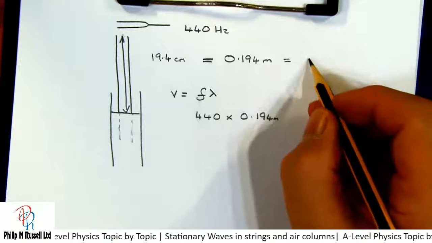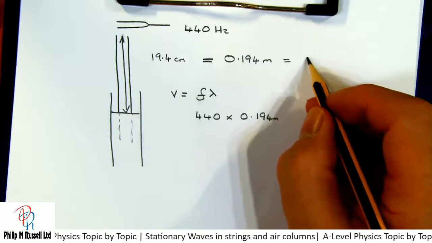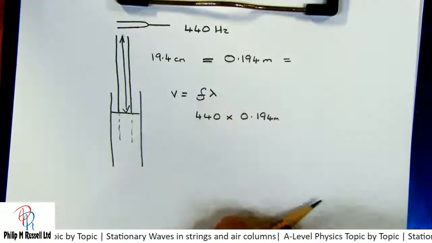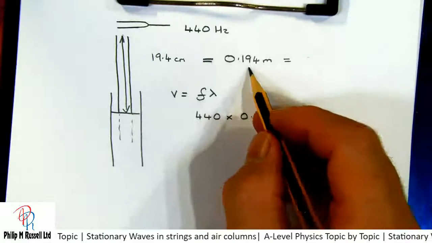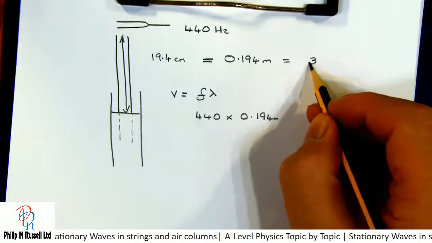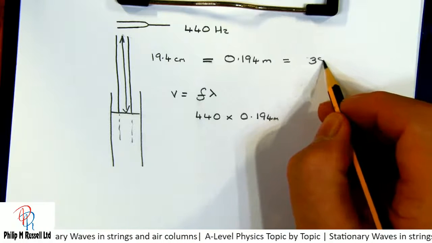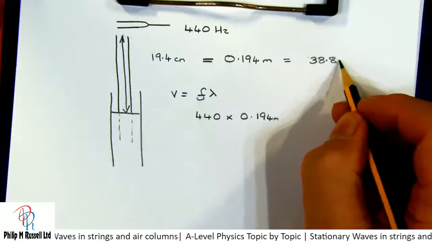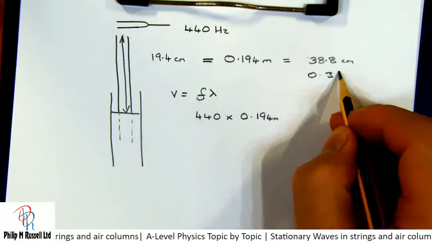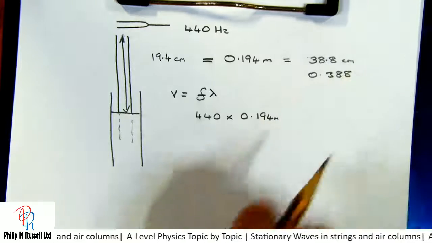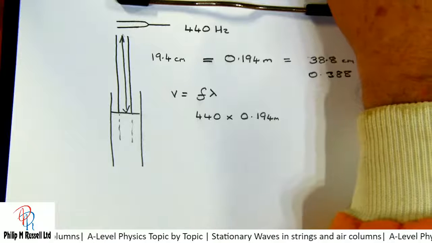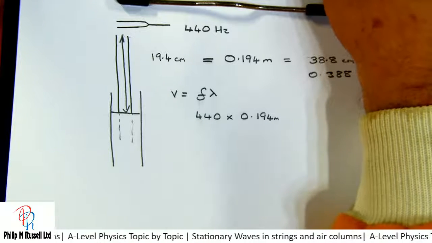So we're looking here at about double that distance. So we're going to be on 38.8 centimeters or 0.388 meters. I never trust my maths when I'm doing this online.